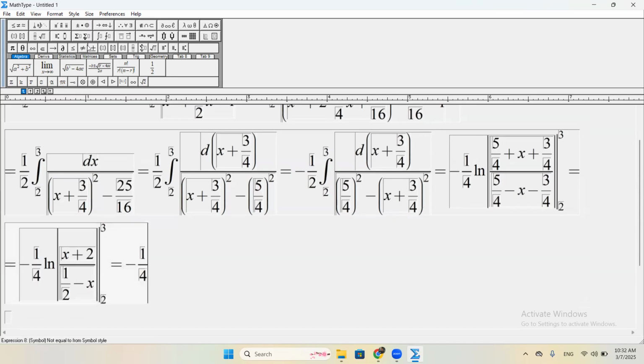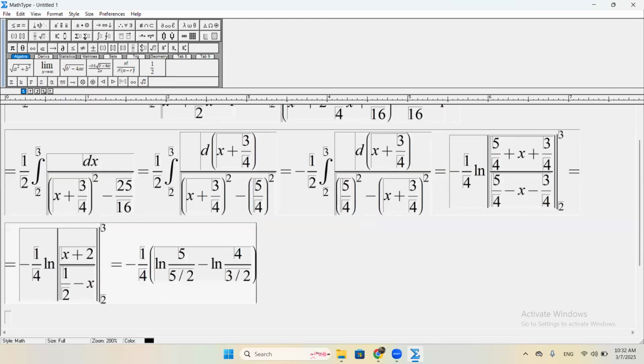And now let's substitute. So now logarithm over 5, and here 3 minus 1 over 2, so 5 over 2. And minus logarithm over 4, and 2 minus 1 over 2, so 3 over 2.